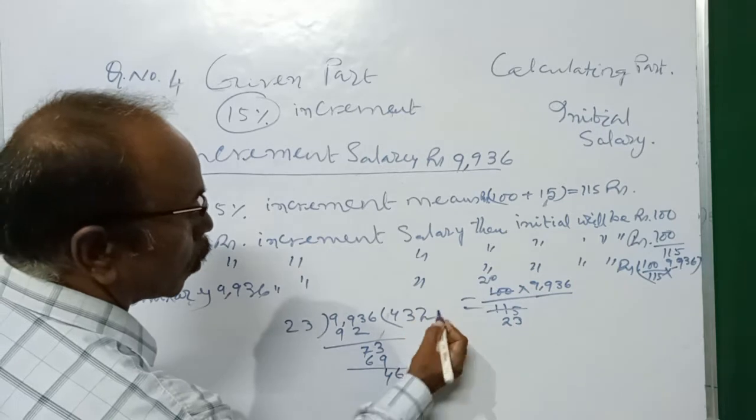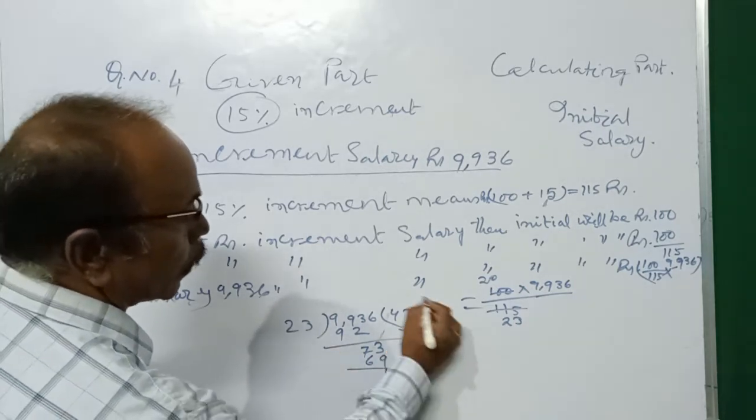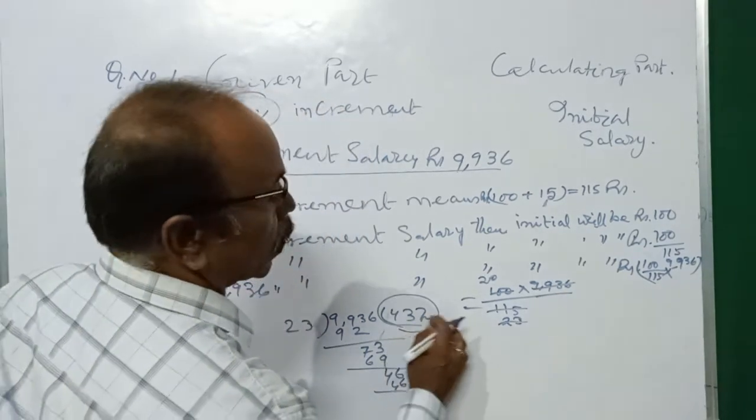Now 2 3s are 6, 2 2s are 4. You see, this is the number 432.